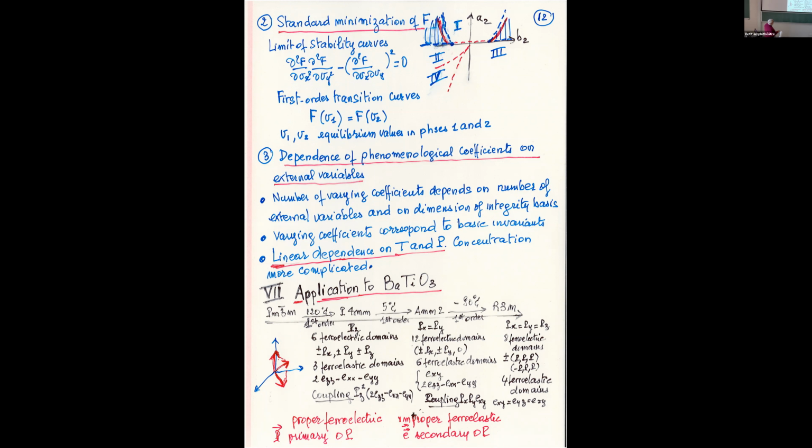And so 4 ferroelastic domains, always half of the ferroelastic domains with respect to the ferroelectric domains. So it's a proper ferroelectric. This is a textbook example of proper ferroelectric, where the primary order parameter is the polarization, and it's an improper ferroelastic because E is secondary with respect to P.